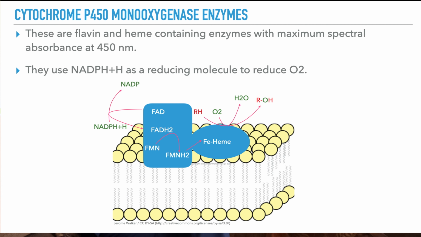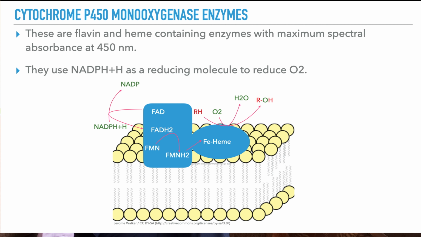That is why these enzymes are referred to as cytochrome P450, P for pigment, 450 for the spectral absorbance at 450 nanometer. Also, they use NADPH plus H plus as a reducing molecule to reduce a molecule of oxygen.